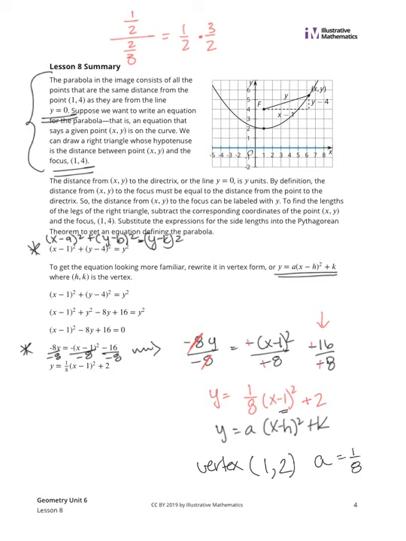The a value I don't believe was discussed last year in algebra, but basically if it's a fraction between 0 and 1, it just tells you that my parabola is wider. And if you look up at the picture, you can see the vertex is at (1, 2), right here, that's my vertex. And the parabola does look wider, and that would be what the 1/8 does. So this would be the information you get from the vertex form, which is very useful.